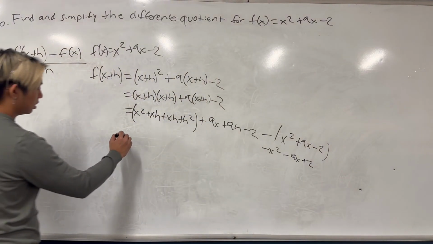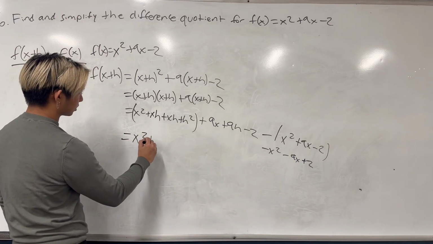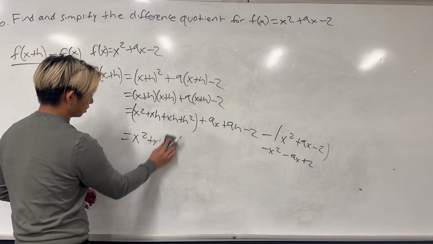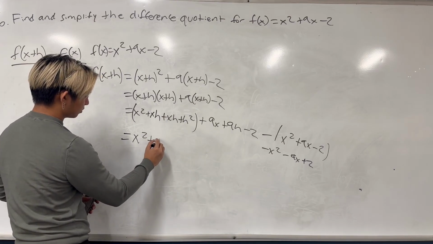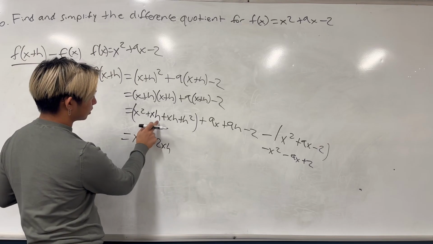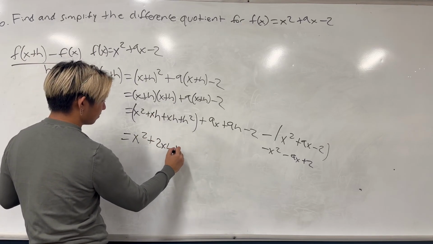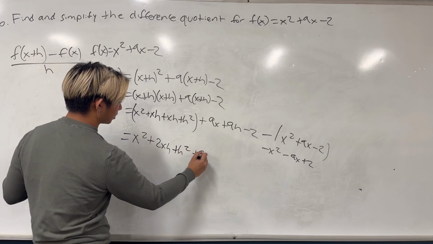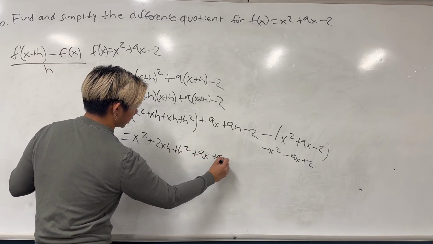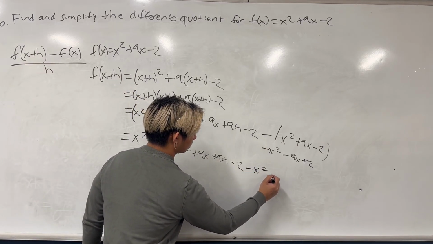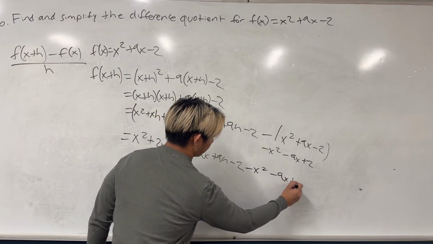We have x squared plus 2xh, because we have xh here and xh here, so we combine them, plus h squared plus 9x plus 9h minus 2 minus x squared minus 9x plus 2.